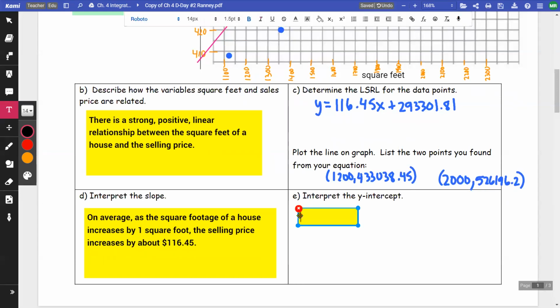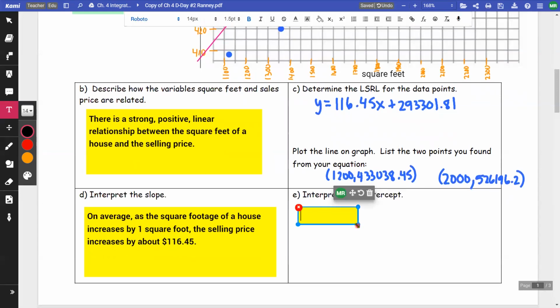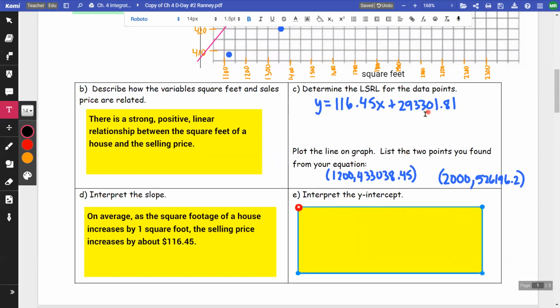Interpret the y-intercept. I am going to be using this number, and the sentence frame for this is: when your X is 0, your Y is.